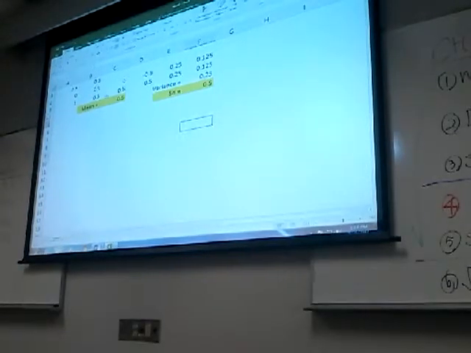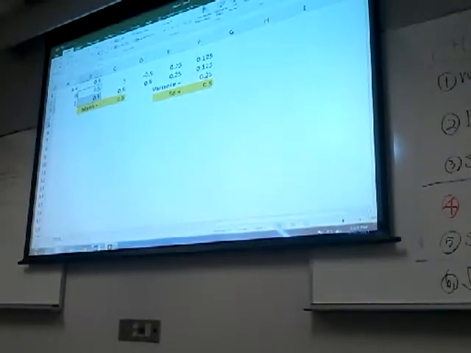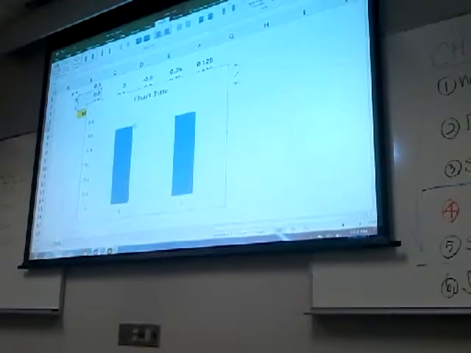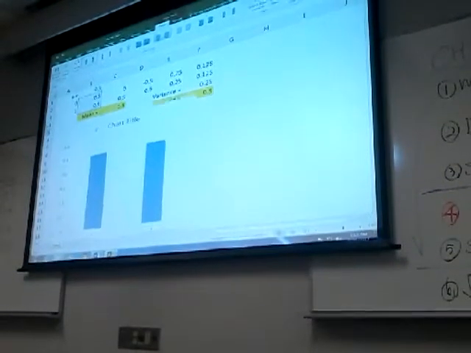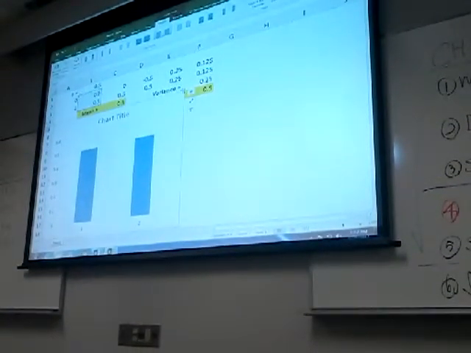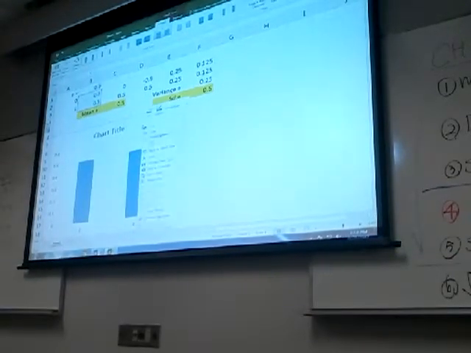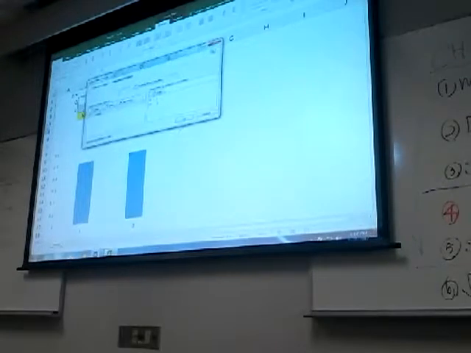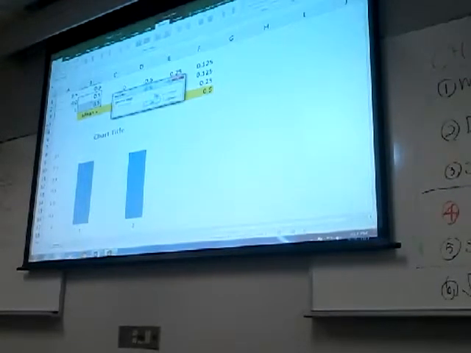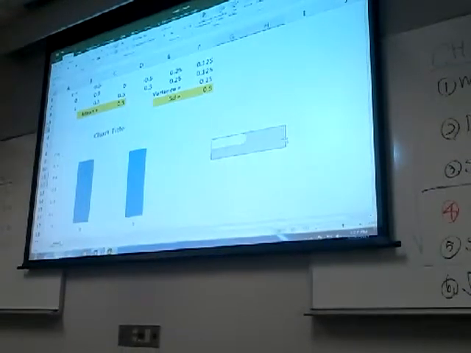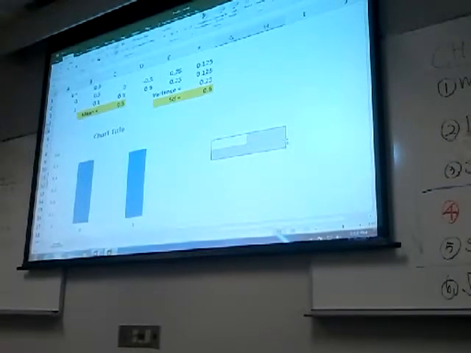Let's make this histogram. Let me take the probabilities, insert. Oh, yeah, beautiful. See, it is not 1 and 2. It should be 0 and 1. Yeah, 0 and 1. 50, 50.